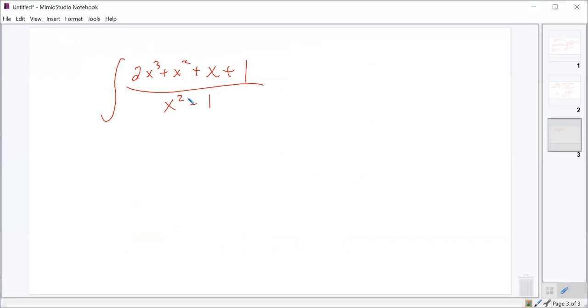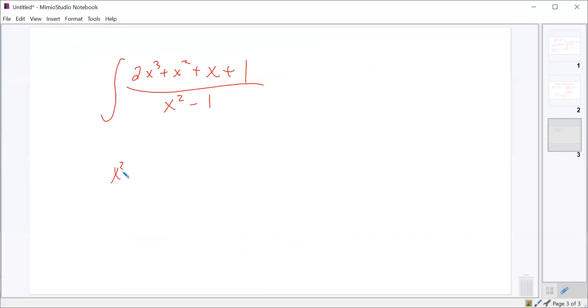Right, something like this. We would note that because the degree of the numerator is greater than the degree of the denominator, and there's no easy U substitution, the first thing that we're going to want to do is long division with this. And if the degree of the numerator is also equal to, so if this was x cubed minus 1, we'd still want to do the long division.